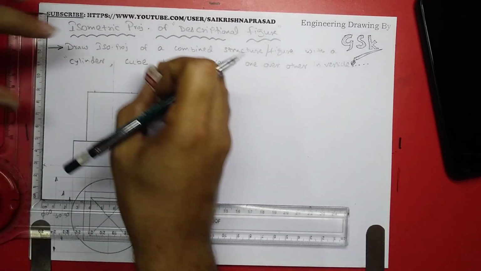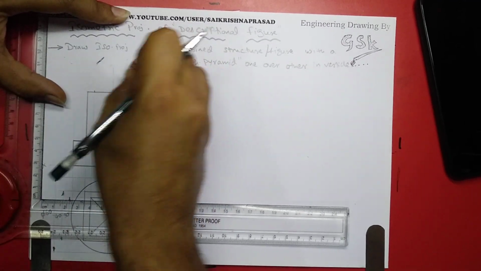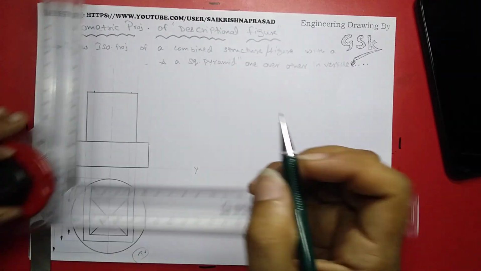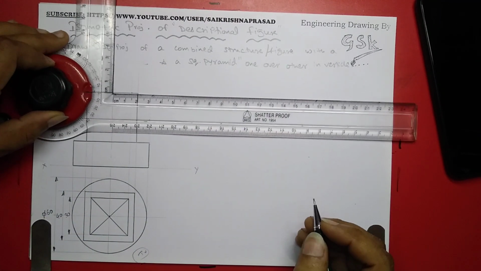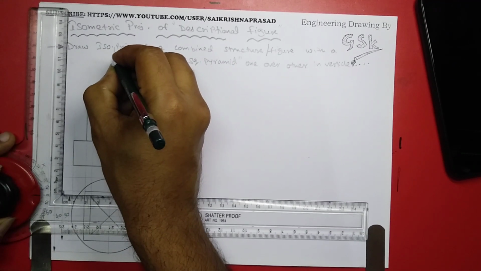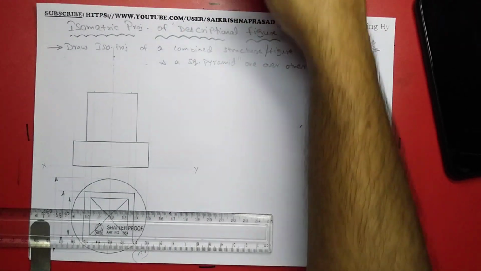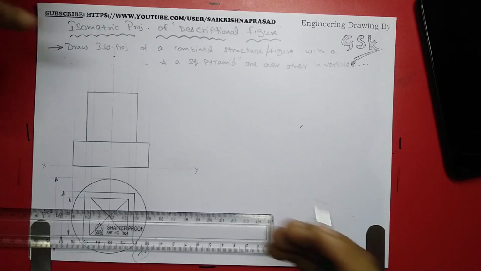I'll erase this. So from here I'll take 30 height, the altitude of the pyramid. I have corners, this corner and this corner, and the apex point.